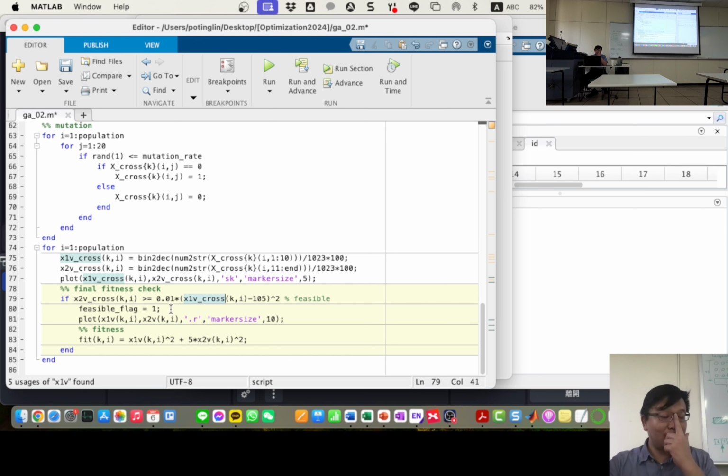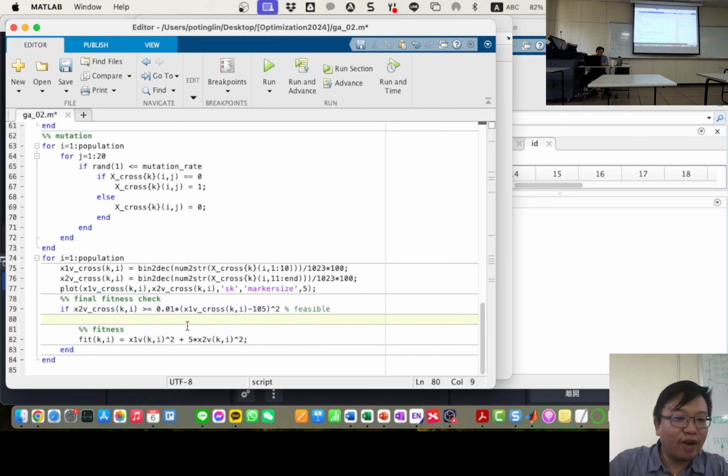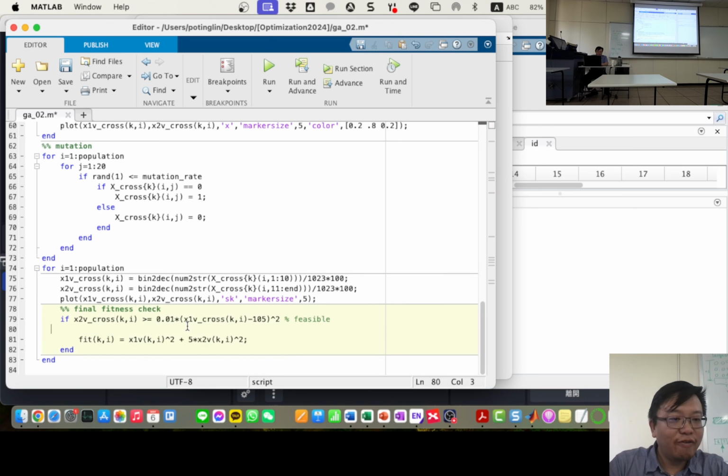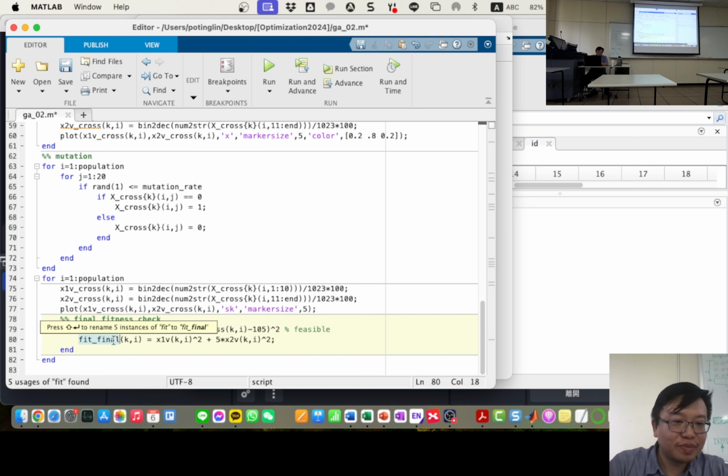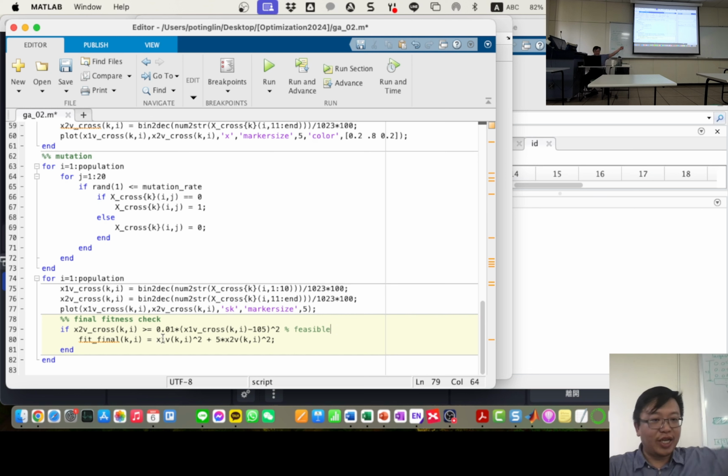If it's not, I'm going to just give a poor fitness score. So I'm gonna call this fitness final. If it's feasible, basically the objective function value is the fitness value.